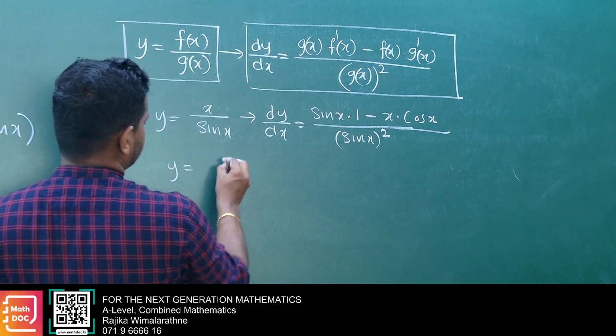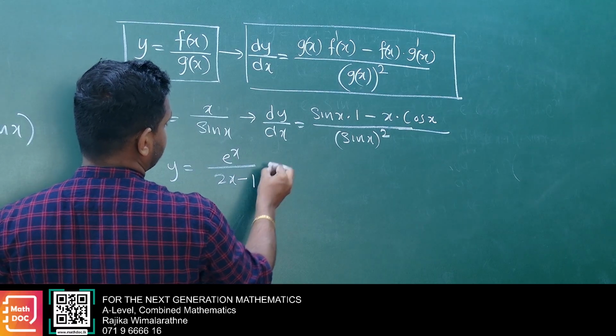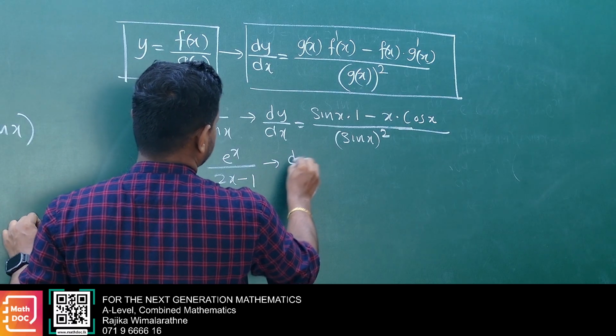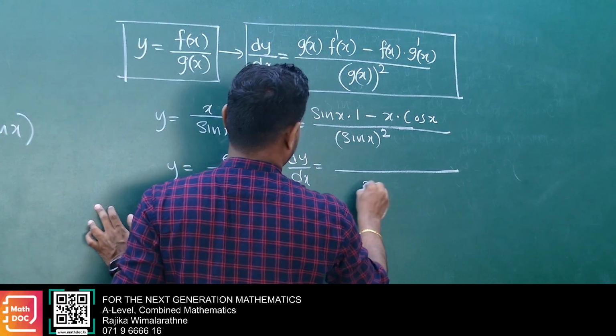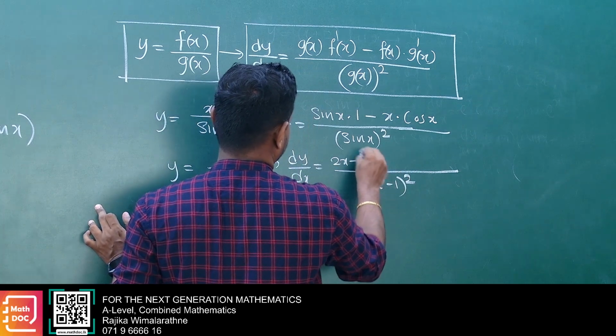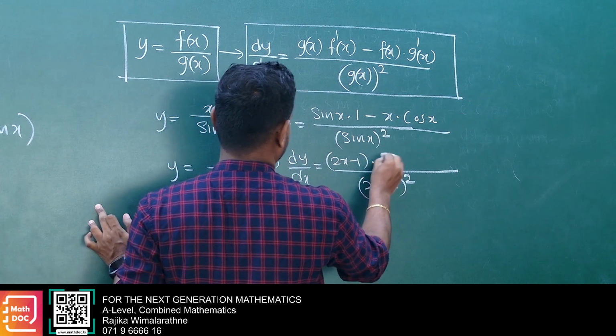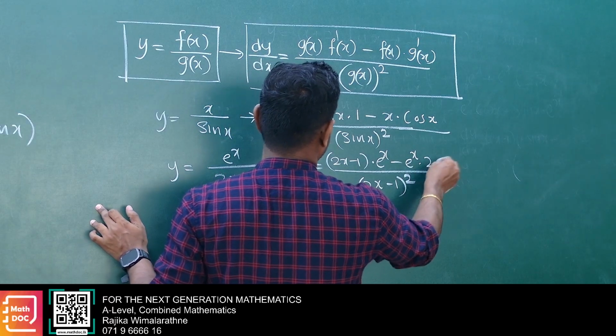See, y equal e to the power x over 2x minus 1. Then dy by dx: denominator square, denominator times derivative of numerator minus numerator times derivative of denominator.